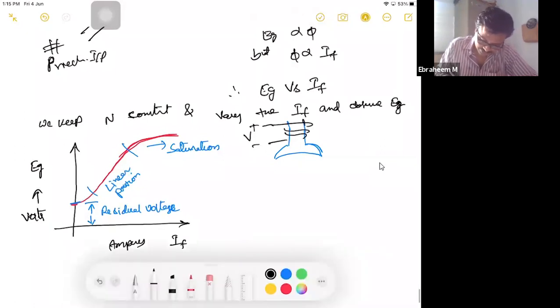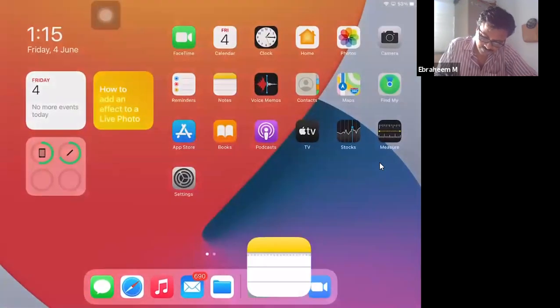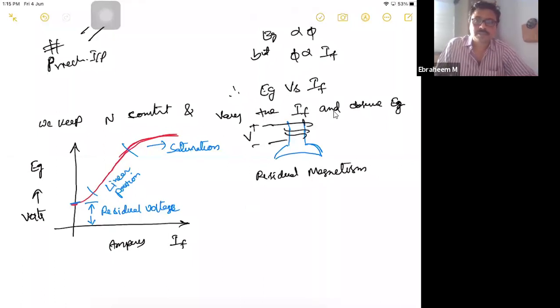You will have some residual magnetism. Residual magnetism means that once this is magnetized, the first time you supply current to the field winding, very first time after manufacturing, the field poles become electromagnets, right?